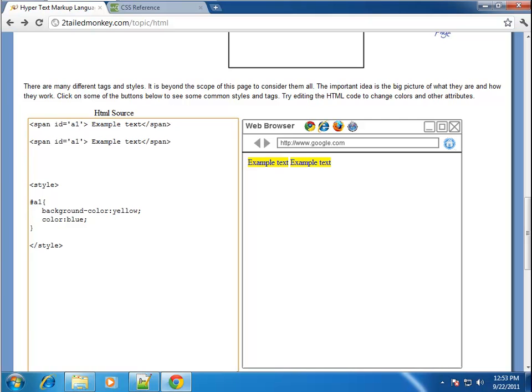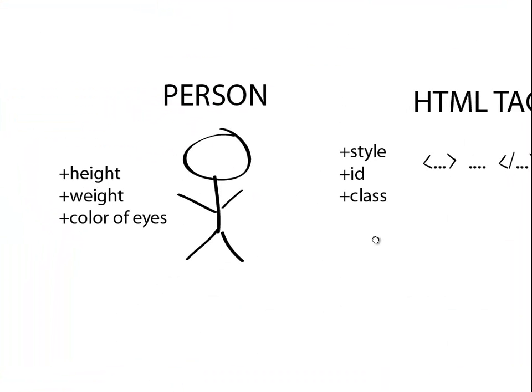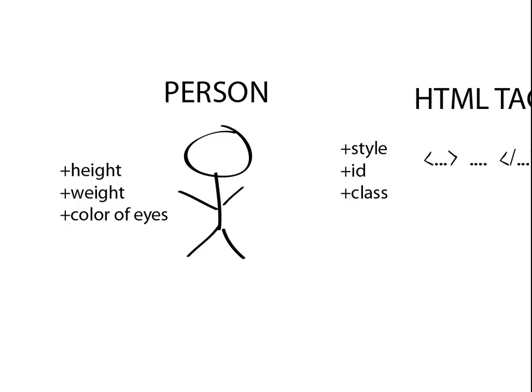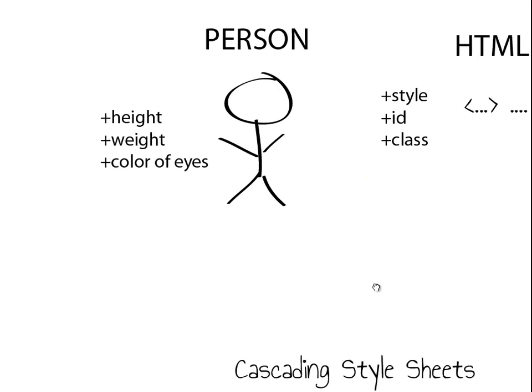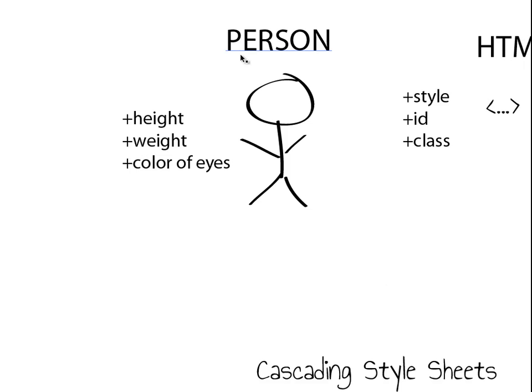So what you want is the other attribute that we should talk about, which is a class. Imagine that you have a class of persons. For example, you might have all boys, or you might have all girls, or you might have a class of people that all like muffins.